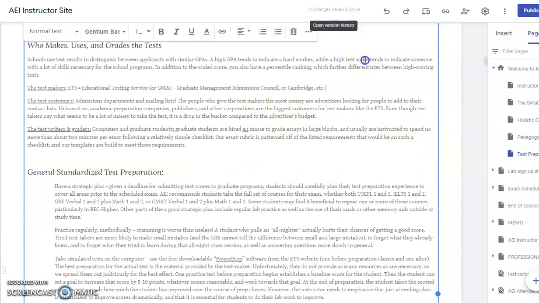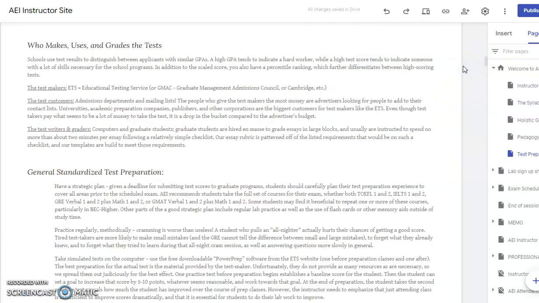So who is it that actually makes, grades and uses the tests? Well, schools are the people we think of as using the tests, right? They use the test results to distinguish between applicants with very similar GPAs. A high GPA tends to indicate somebody is a very hard worker, while a high test score tends to indicate somebody with a lot of skills that are necessary for the school program.